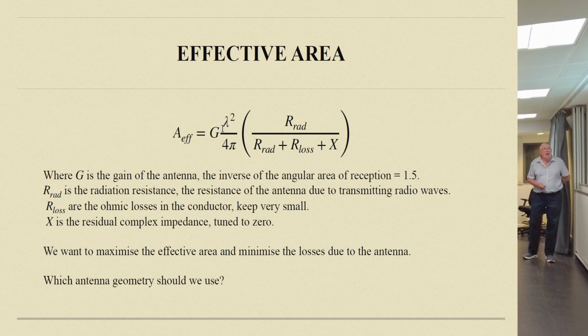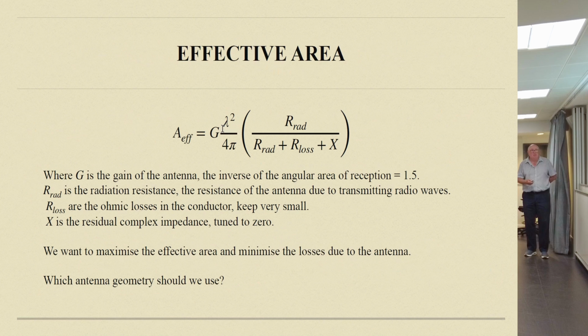For a standard antenna, it's got this form. These are the resistances. The radiation resistance is the resistance of the antenna due to it transmitting radio waves. There are also ohmic losses in the conductors. And of course, you've got a residual complex impedance, but it is, in principle, possible to tune these out.